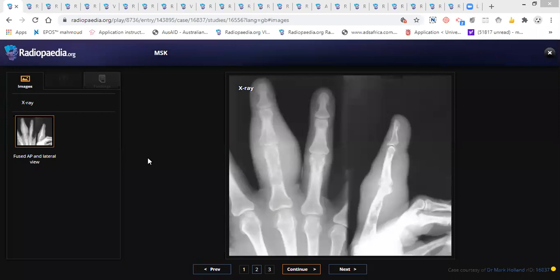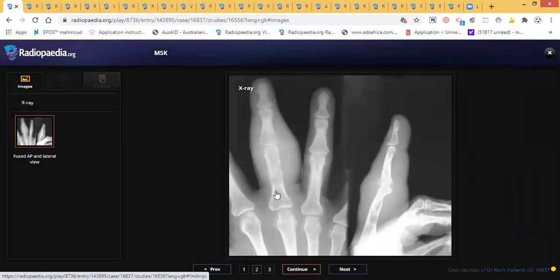So perfect. Spina ventosa, one of the good differentials. What else? We just mentioned some of them. Complicated enchondroma, but where is the calcification?